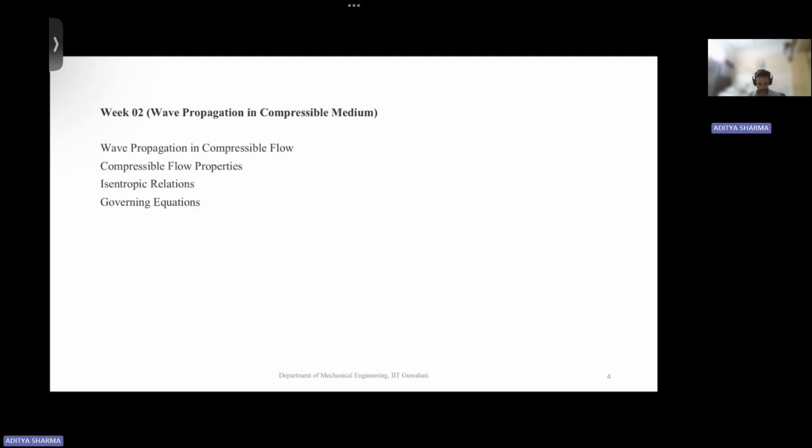Then we moved on to week number 2, where we studied wave propagation in compressible medium.